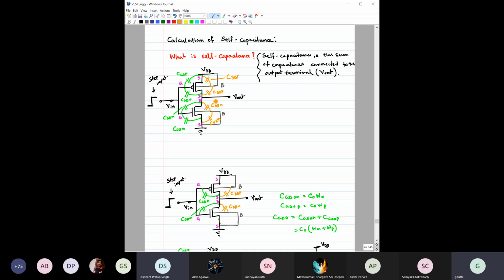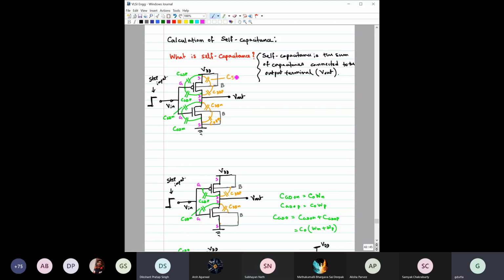Okay, but Shubhayan, I have a question here. For this configuration, I have drawn the body terminal as well, right? For NMOS, the body terminal is generally grounded, and for PMOS, the body is generally shorted, means both body and source are shorted. So for PMOS, we don't need the SBP and SBN.